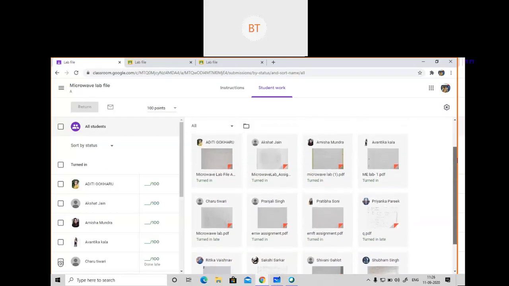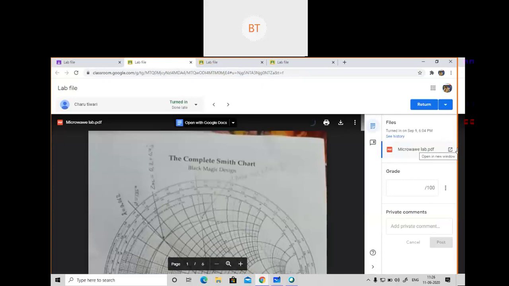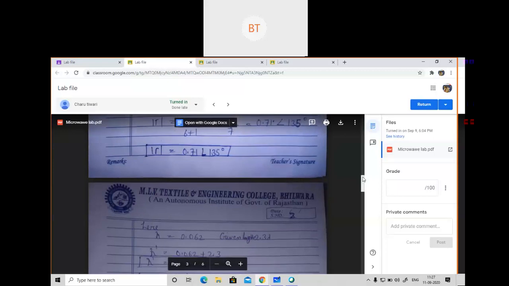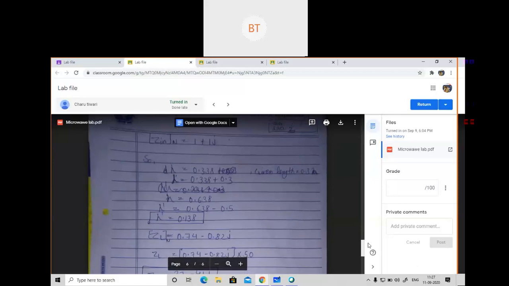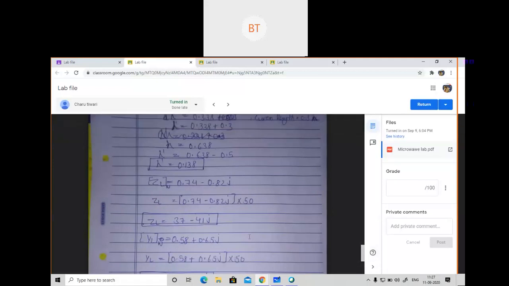If you try, you will definitely get the answer. The point is how much effort you are putting in. If somebody has tried, he or she has definitely got the answer, because I have told you the steps. So Charu's ZL is 37 minus 41, so this is correct. The ZL value is actually correct, but you need to remember to write the digits after the point.